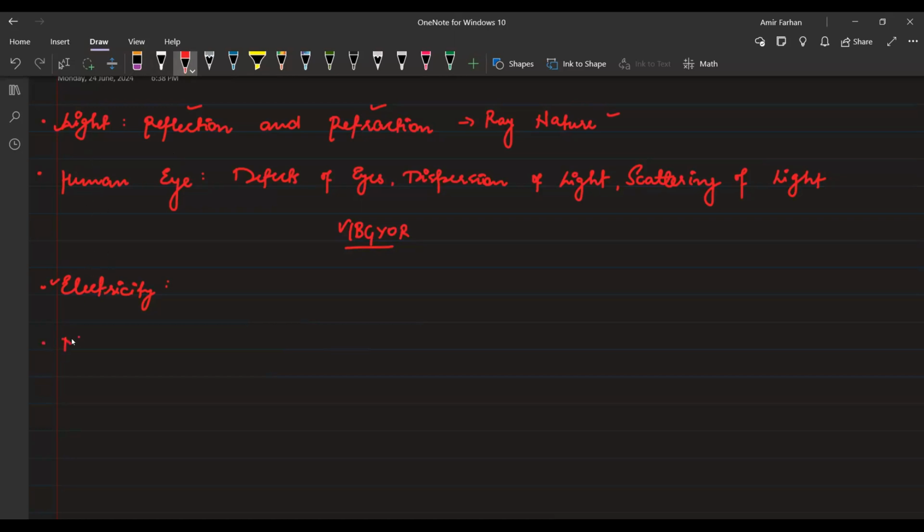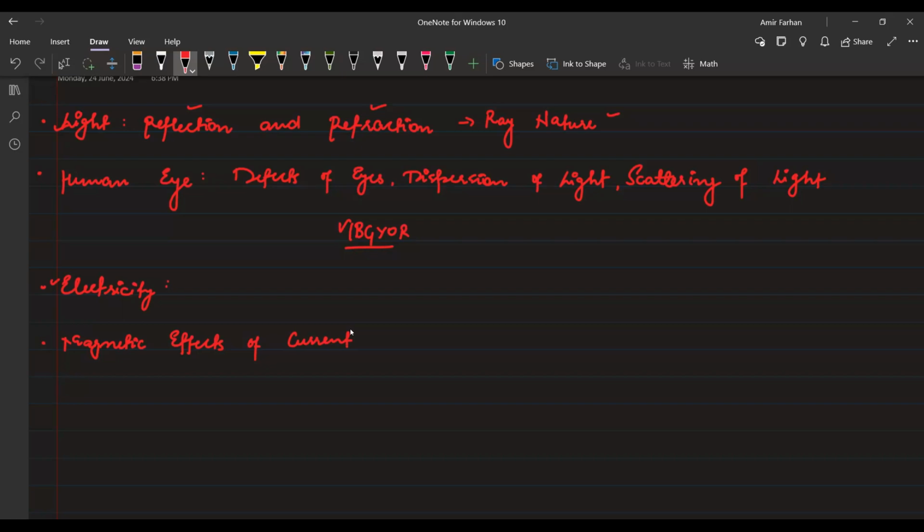Next is magnetic effects of current. So in the magnetic effects of current, Zainab, basically we'll study that when the current flows in the conductor, a field is generated that is called magnetic field, which behaves like a magnet.